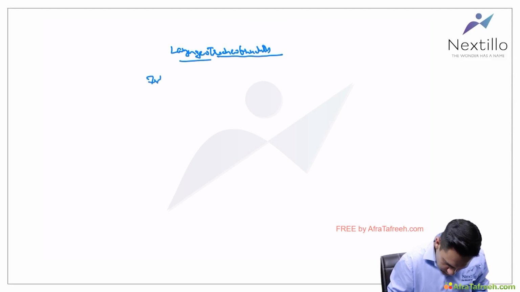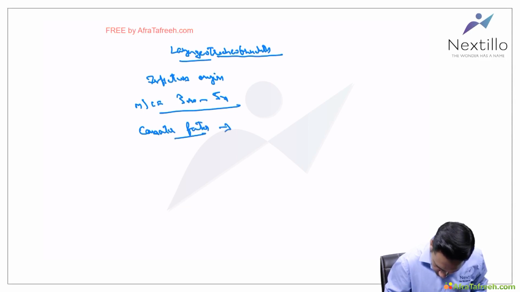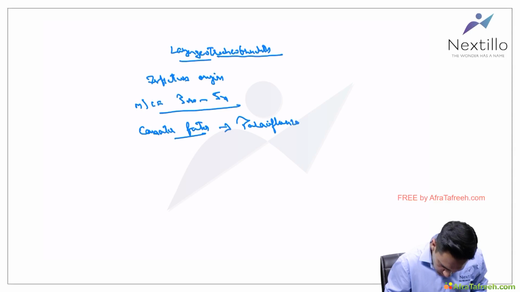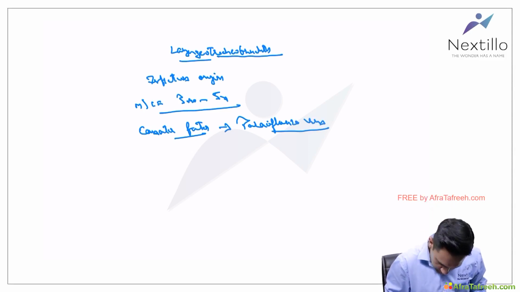It is of infectious origin, most commonly in 3 months to 5 years, and the most common causative factor is parainfluenza virus.